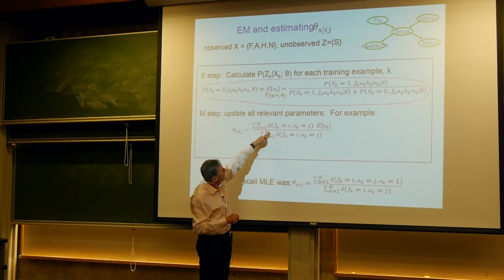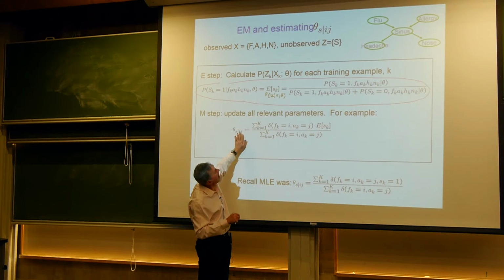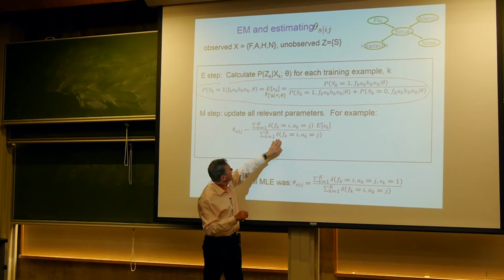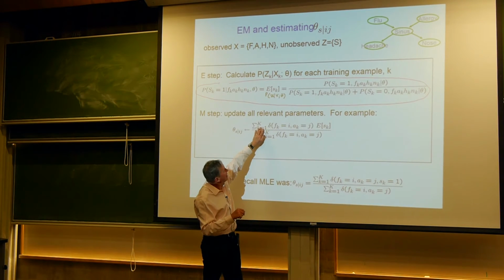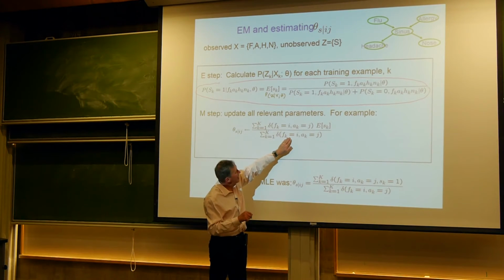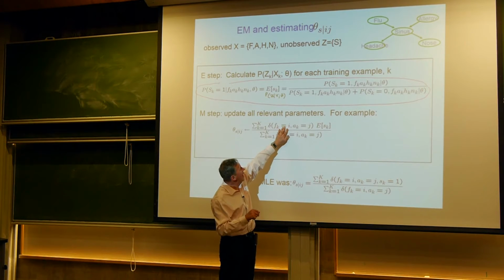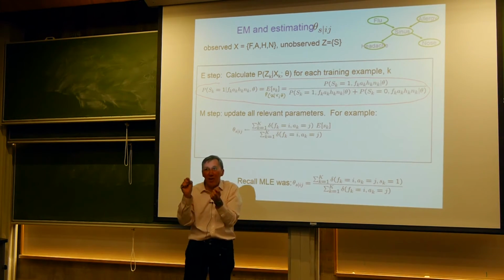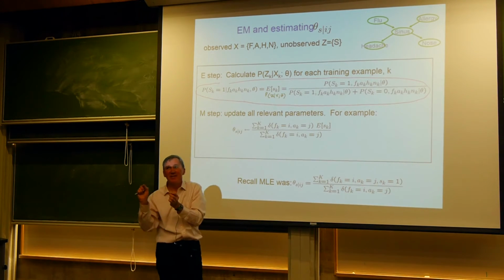For example, if you're trying to tell if S equals 1 conditioned on flu being value I, and allergy being value J, then you end up again with a ratio over all examples where flu and allergy take on those values. How many also have S equals 1? But now you don't know whether S equals 1, you just know the probability that S equals 1.